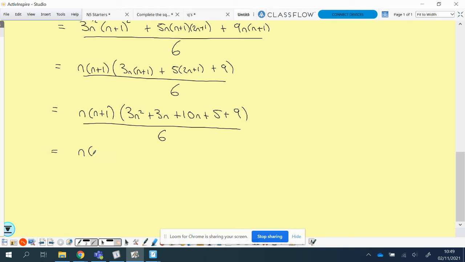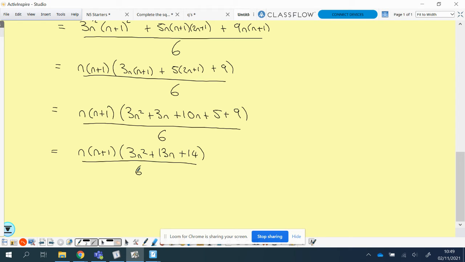Just tidying that up, I'm going to have 3n squared plus 13n plus 14, all over 6. So I've combined everything there, took the common factor out, and then multiplied out my brackets to find out what I've got left.